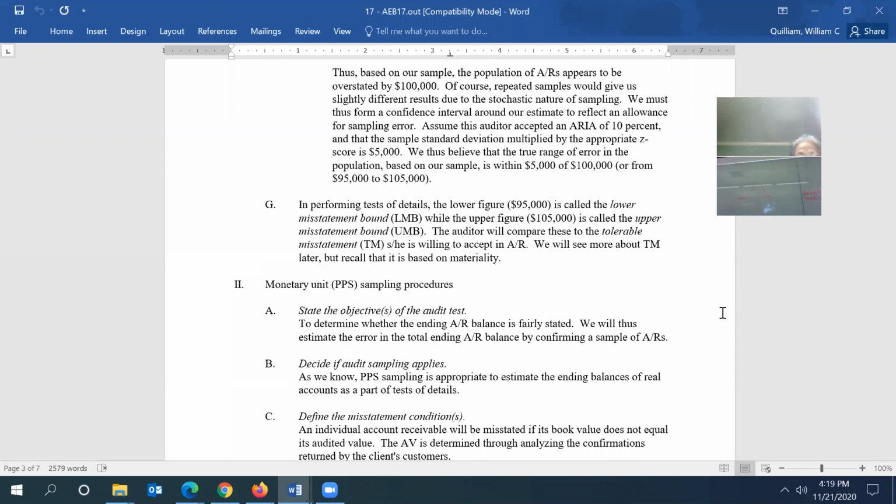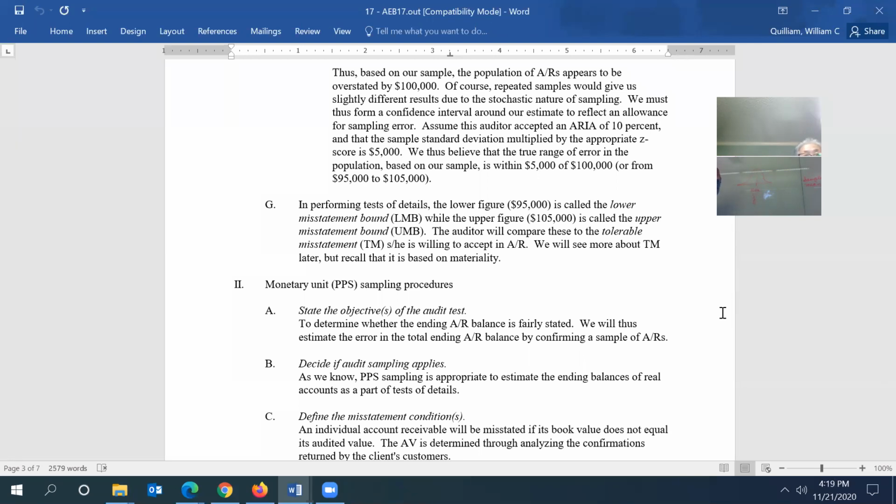Symmetrical, it's bell shaped, that's great. Here's what we would do. This X bar or E hat, whichever you would like to call it, we would put right in the middle of this. So based on our sample, we think the accounts receivable are overstated by 100,000.